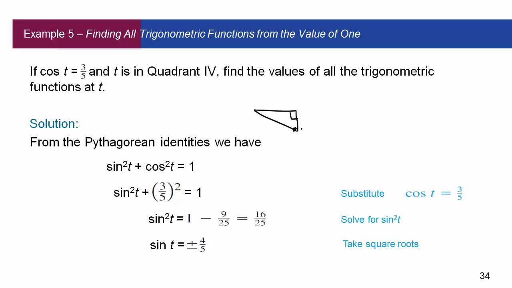Here's the triangle that it created. It tells me that cosine is 3/5. Well, remember, cosine is the x direction. So this is 3/5, and then this is y, and this is 1, and then we can solve it that way with Pythagoras' theorem without even thinking about Pythagoras' identity.